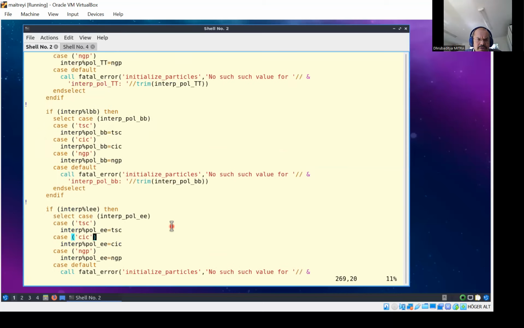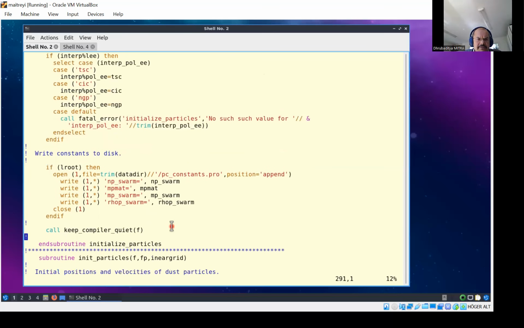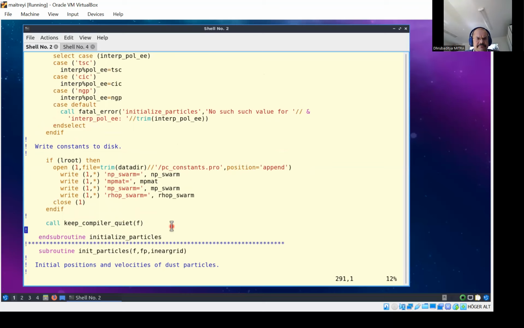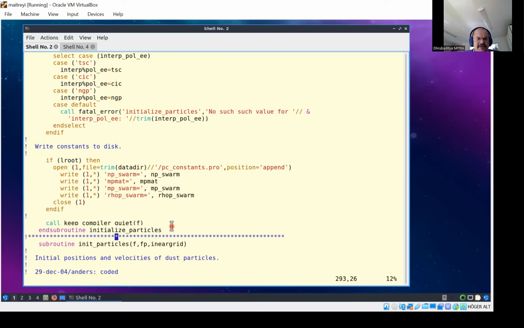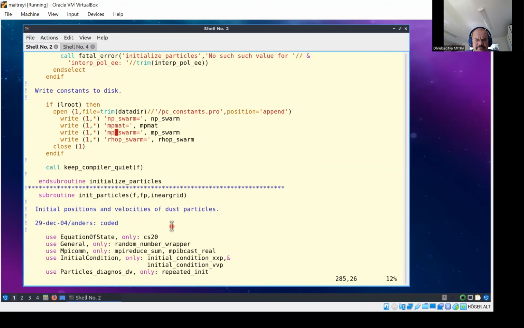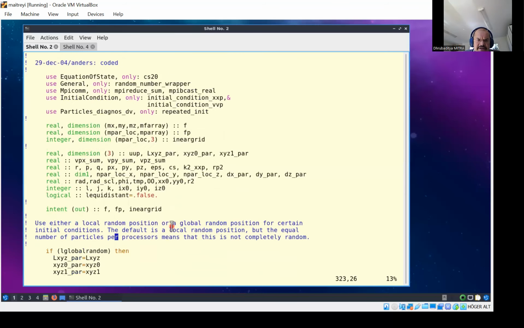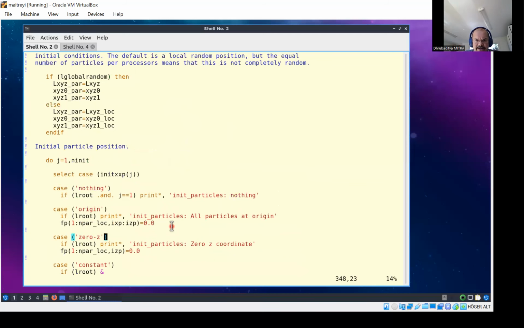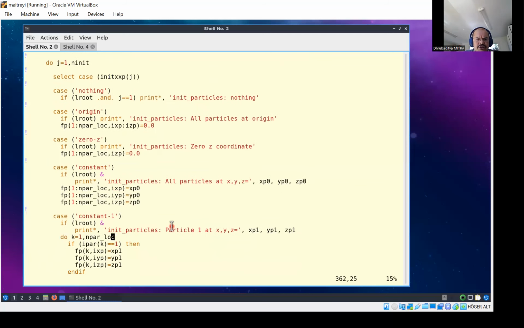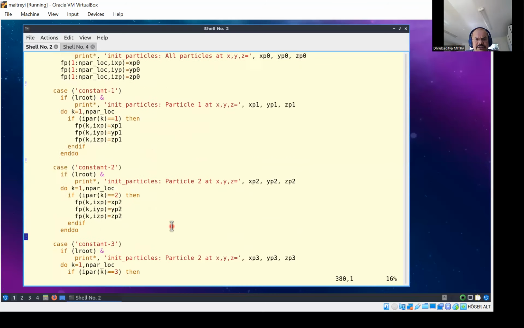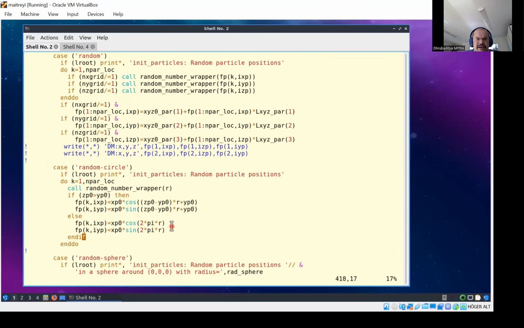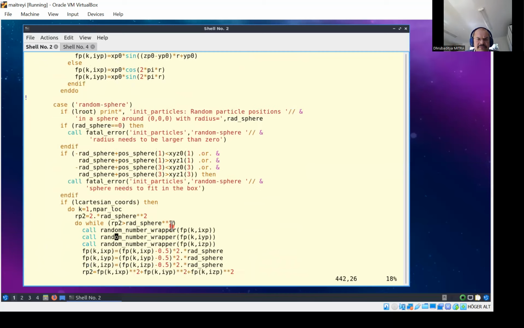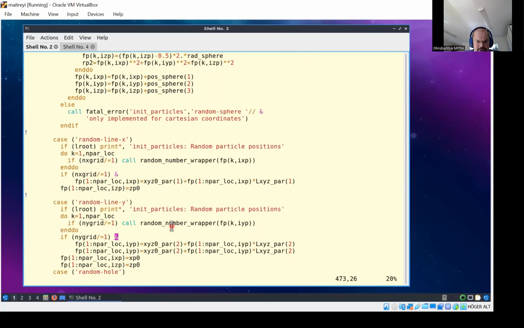So you choose an interpolation scheme and then whatever you do, you write various constants to a field and then you are done. Then you go to init particles. Init particles is where you actually choose the initial position and the initial velocities for all the particles. And there are many different choices already available. There is constant, constant 2, this way, that way, a lot of different things. This is also quite straightforward.